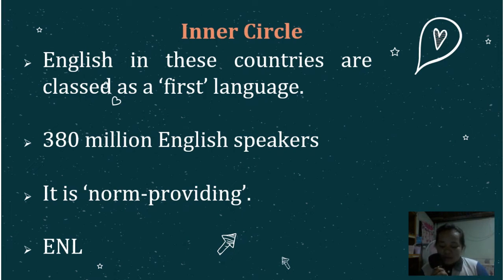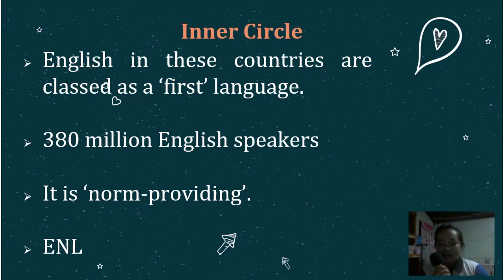Then, in the inner circle, the total number of English speakers is estimated around 380 million. So there are 380 million English speakers, since it is seen that it is a small circle, so it is only estimated around 380 million.